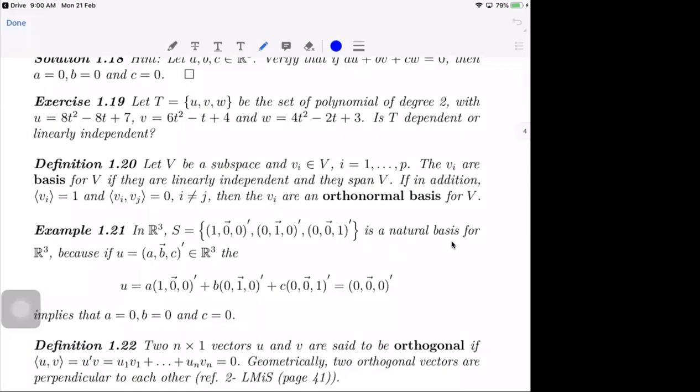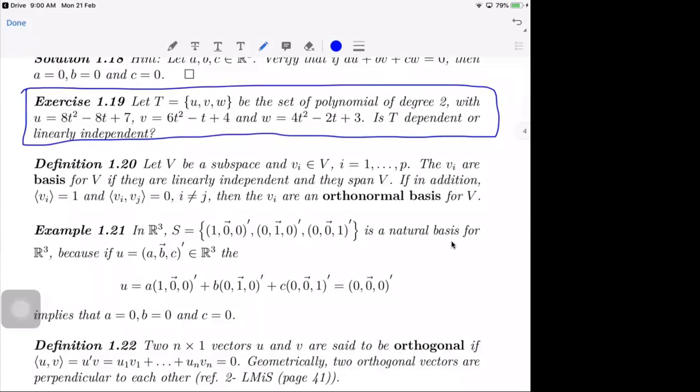You were given this exercise to answer. So you've seen there that this set of vectors will not be linearly independent, or they are linearly dependent, because even if we assume a linear combination of u, v, and w, you let that be equal to 0, not all constants in that linear combination, say au plus bv plus cw equal to 0, are equal to 0.